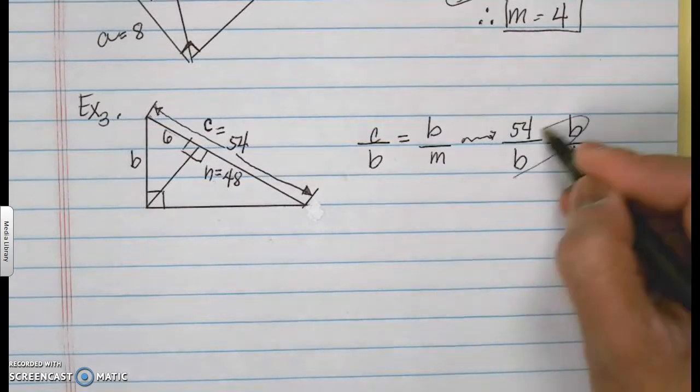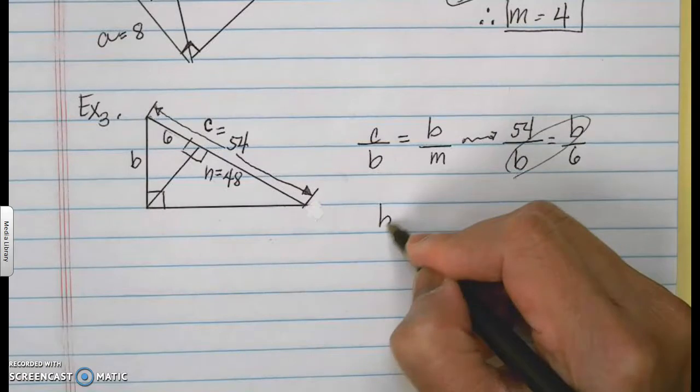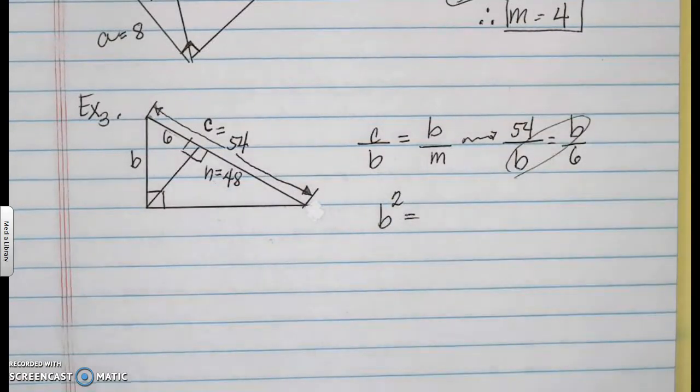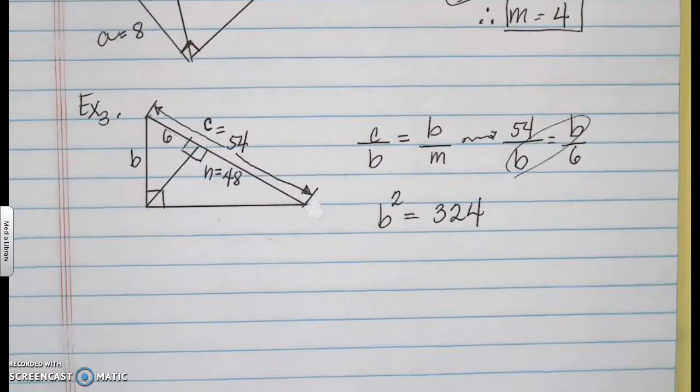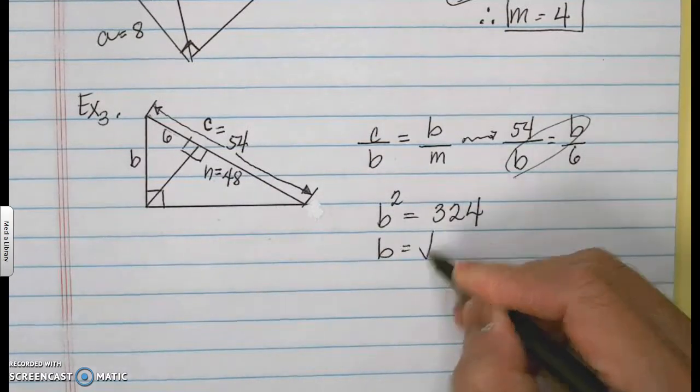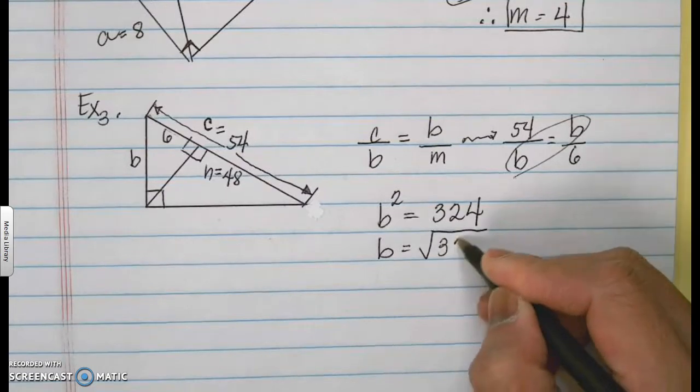So cross multiply, we will have B squared equals 54 times 6. So B squared is equal to 324, and so my B is going to be the square root of 324.